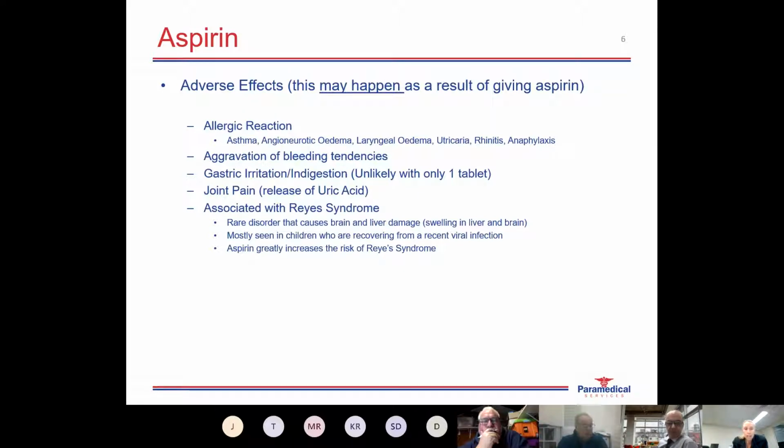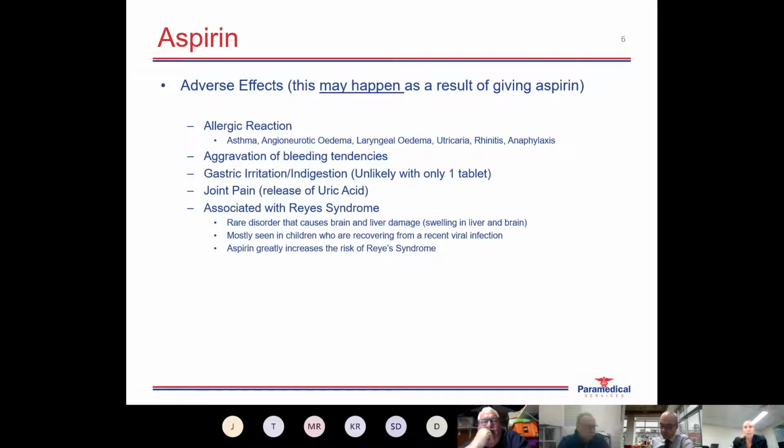We have allergic reactions, and allergic reactions can be anything from asthma to anaphylaxis. It could be angioneurotic edema, such as swelling. It could be laryngeal edema, again, swelling of the larynx, urticaria, rhinitis, so we've got hives, runny nose.